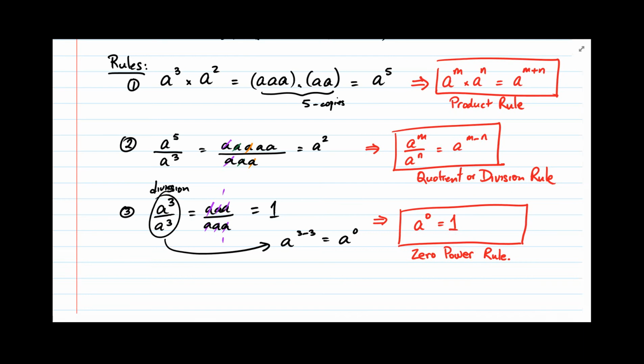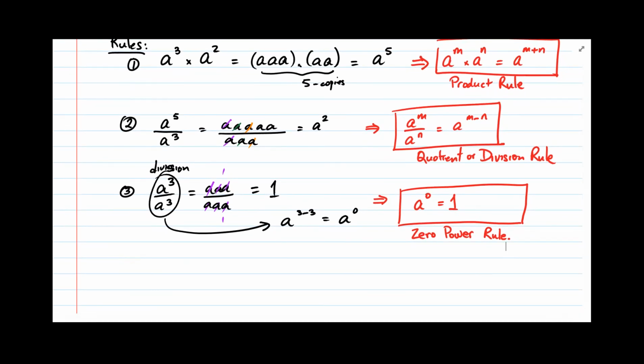So this 0 power is nothing more than a special case of our division or quotient rule. All right, let's continue, and let's look at a fourth rule. I'm still going to look at division, but this time, instead of looking at number 2, I'm going to write the reciprocal. So a cubed over a to the 5th.